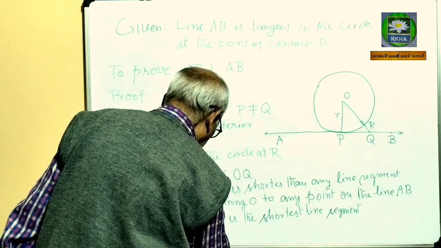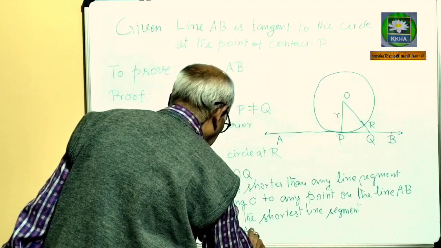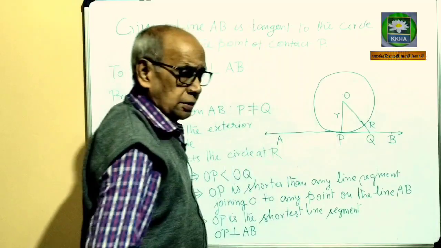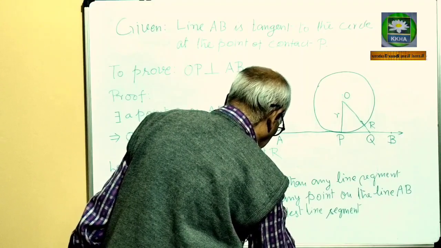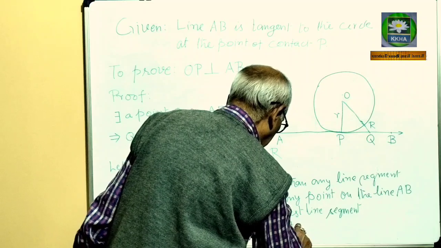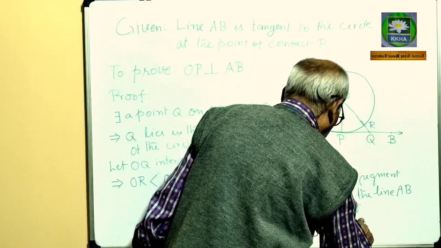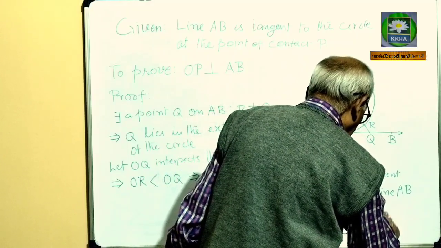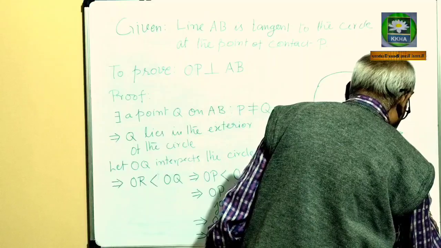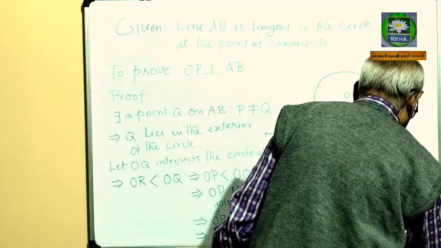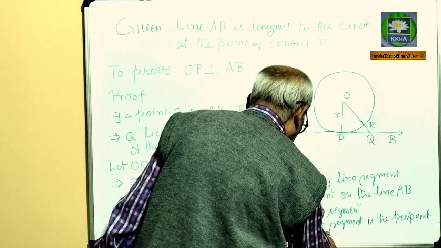This implies that OP is perpendicular to AB, because the shortest line segment is the perpendicular line segment.